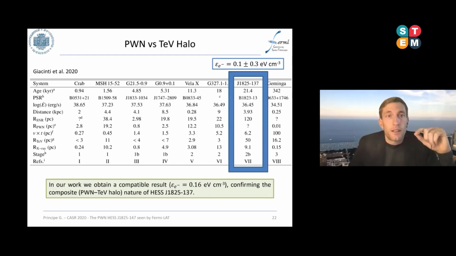A recent result by Giacomo et al. found that this source can be classified as a transition between a pulsar nebula and a TeV halo because it has an electron energy density of exactly 0.1, similar to the interstellar medium. And we found in our work compatible results confirming that this source is a composite pulsar nebula TeV halo case.